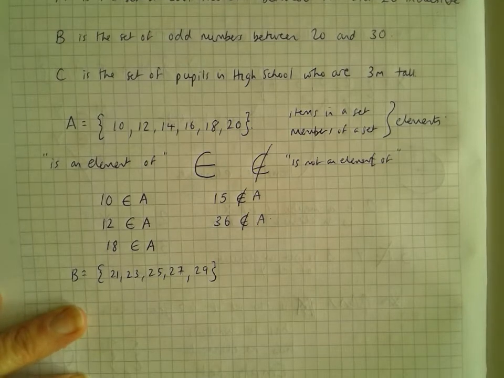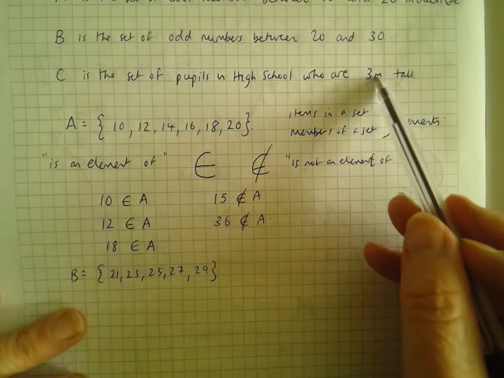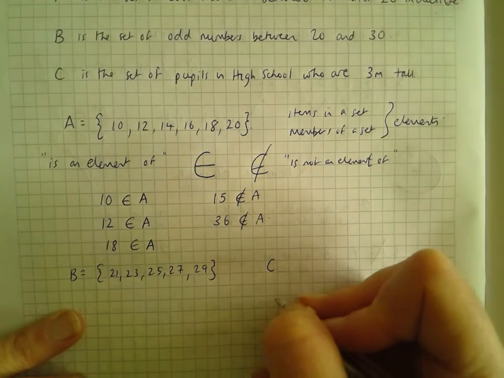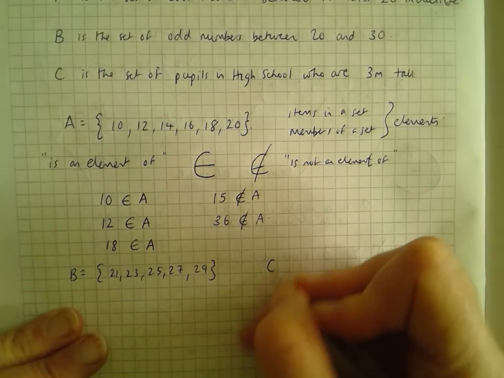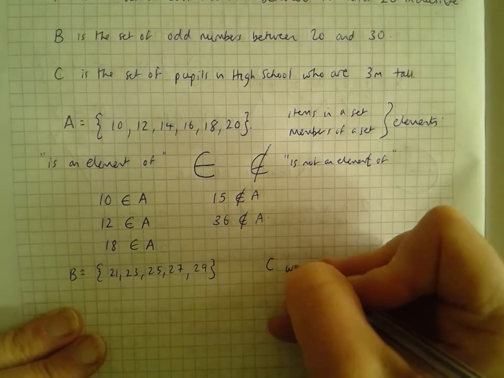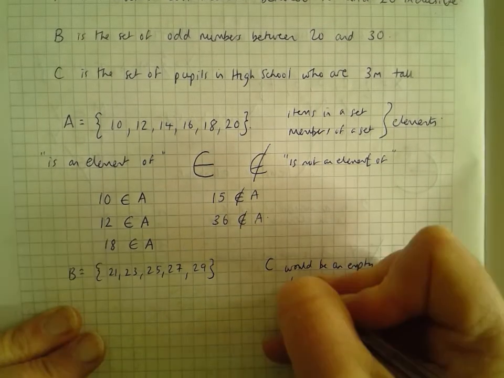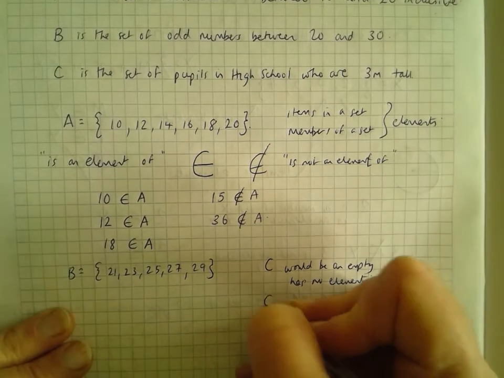Okay, set C is the set of pupils in high school who are 3 meters tall. Now, I don't know about you, but I don't know any pupils in high school who are 3 meters tall. So set C would be an empty set. It has no elements. And the way we write that is we say C equals, that's the empty set symbol.